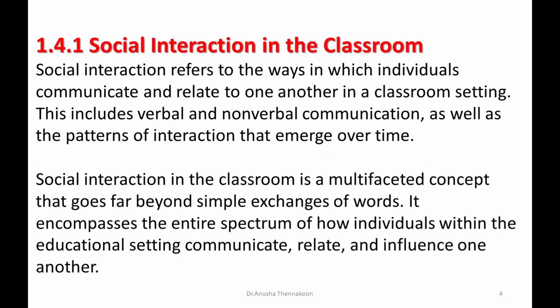Okay, so we are with topic number 1.4.1, social interaction in the classroom. Just get some idea.